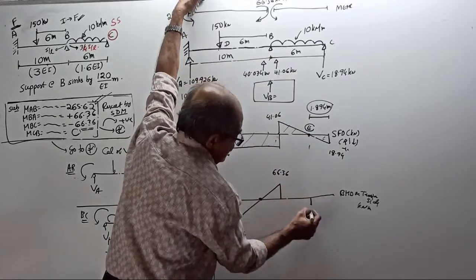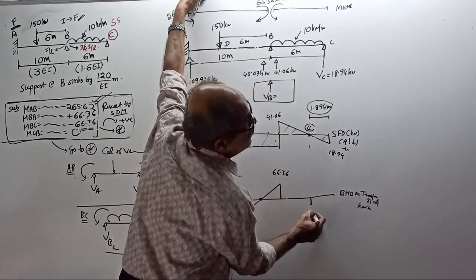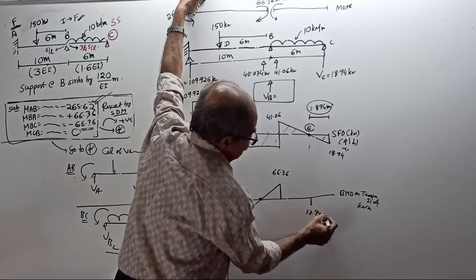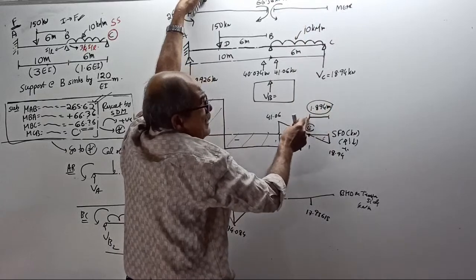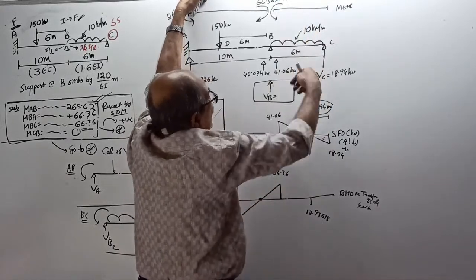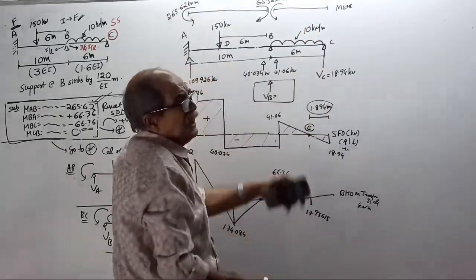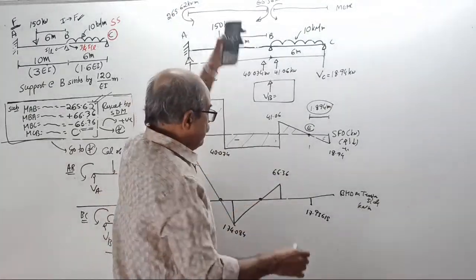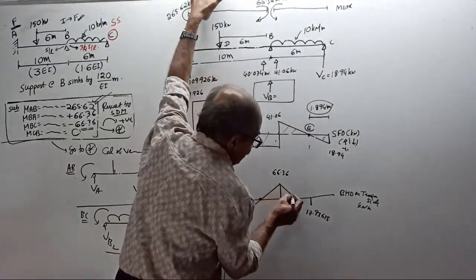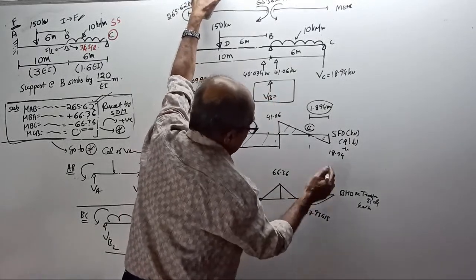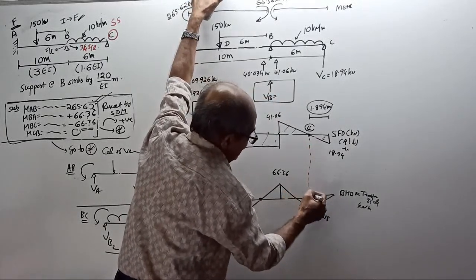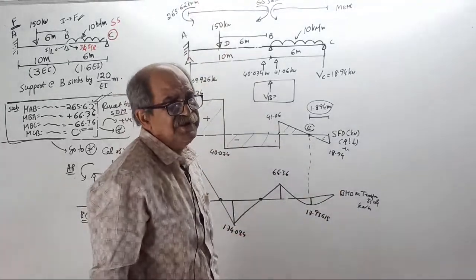Small value. 17.93618. You can look here: 18.94 into 1.894 positive minus 10 into 1.894 into 1.894 by 2, joined by a parabola. This is a little out of scale. Okay, actually this point is here. This is the bending moment diagram on tension side.